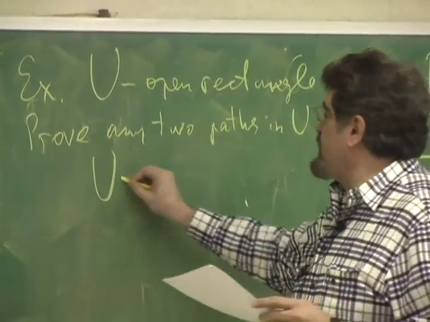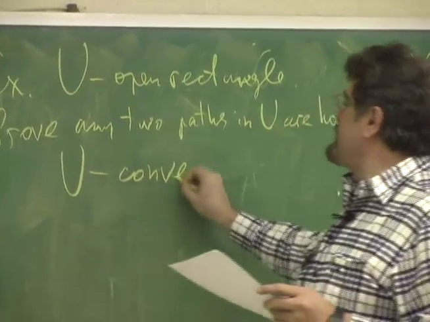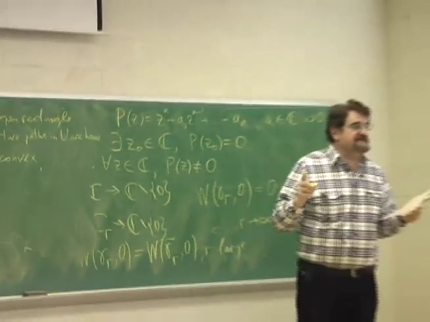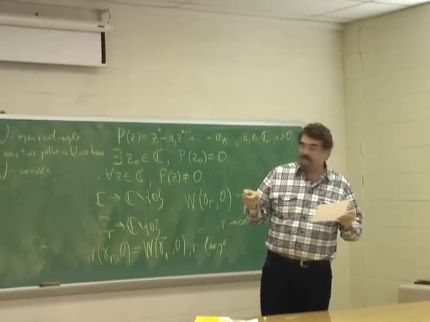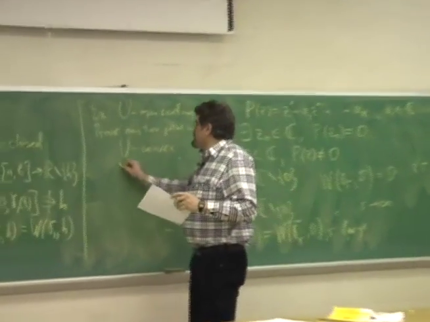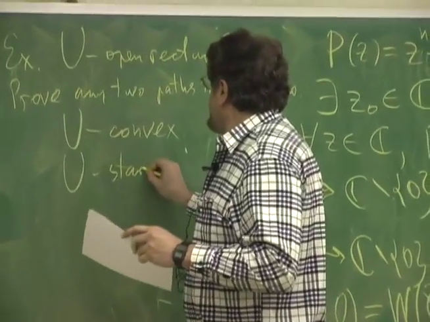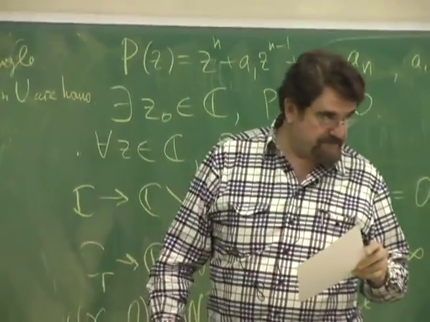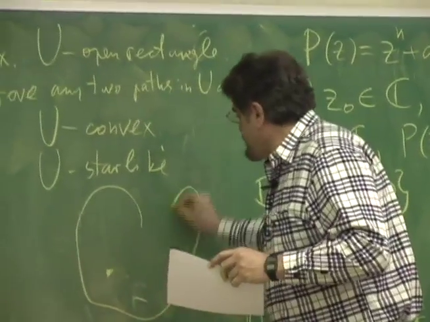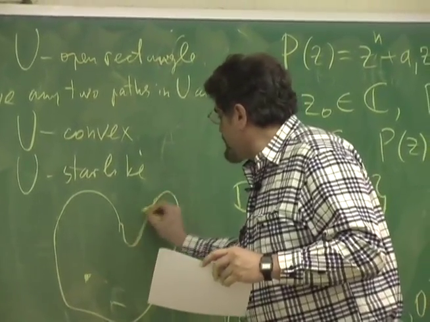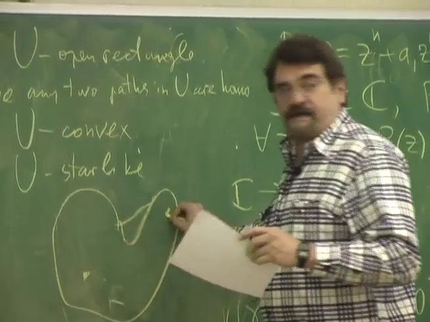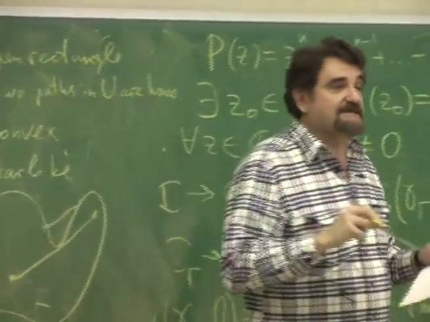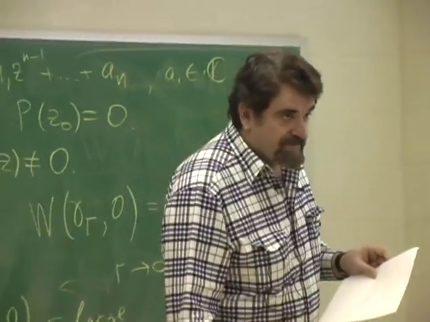Try to extend it to the case when U is convex, meaning that if you have two points and join them by a segment, the segment is still in U. Try to do the same for U star-like. Star-like means there is a point such that, take any other point, connect it to this one point, and the segment is inside the domain.